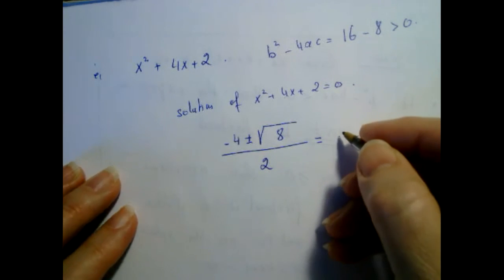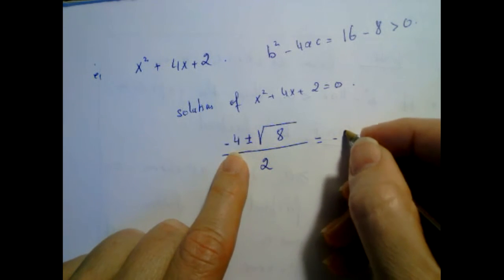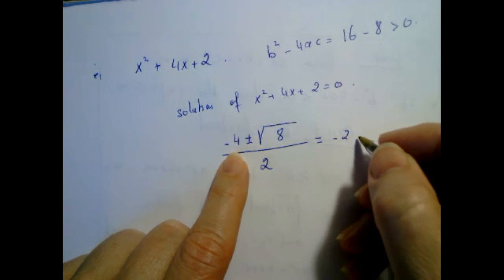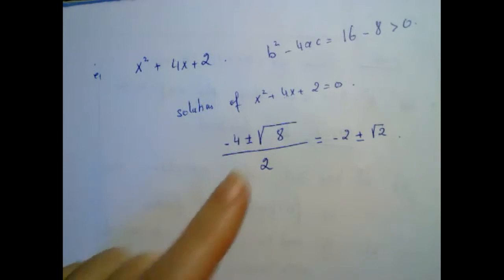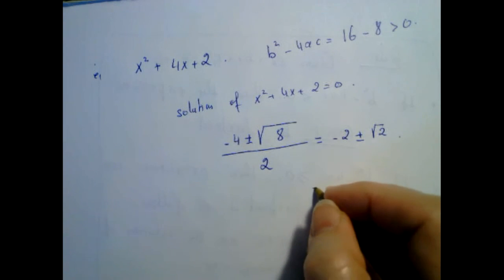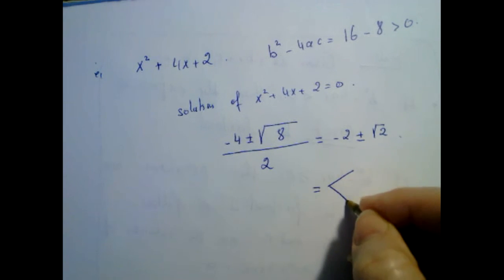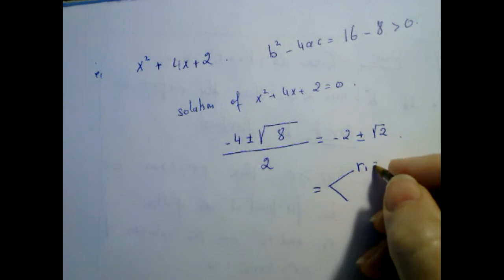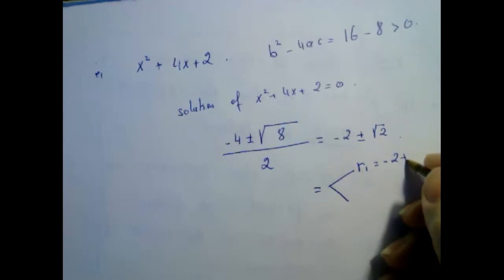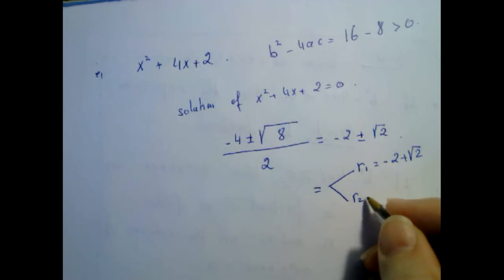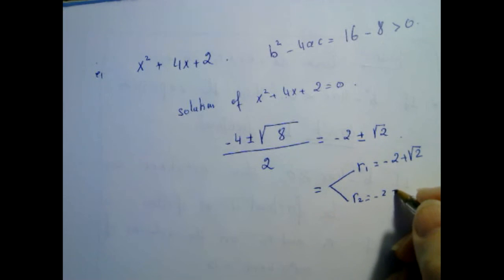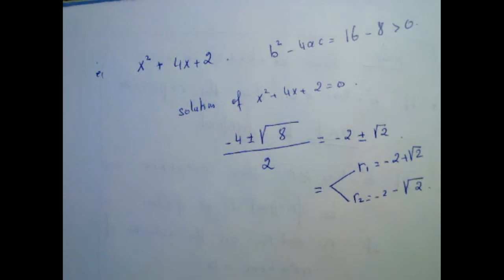And if we do a little bit of math, and if I don't mess it up, I will get two solutions, minus 2 plus or minus the square root of 2. It means we have two solutions. One is minus 2 plus the square root of 2, and one is minus 2 minus the square root of 2.